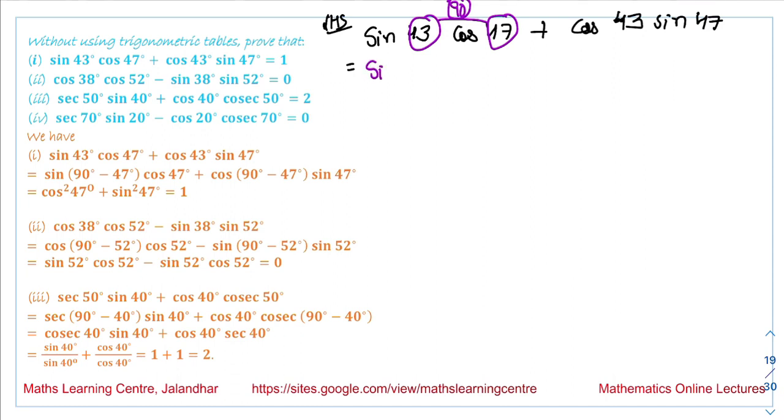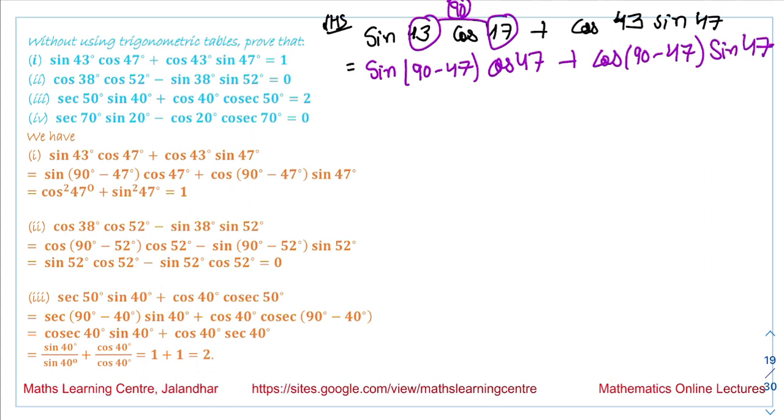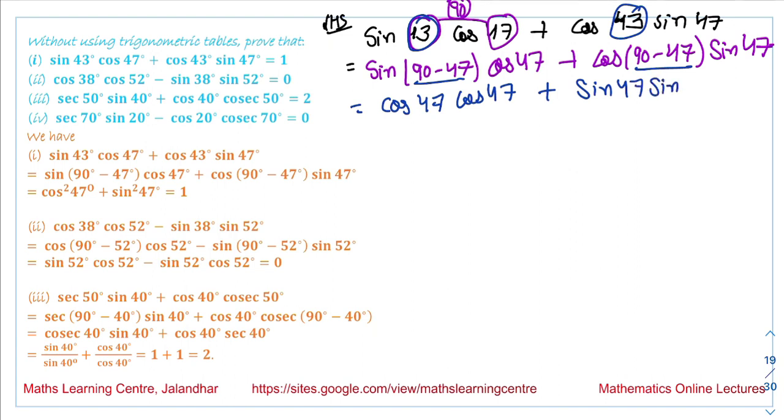So we can write sin of 90 minus 47 into cos 47 plus cos of 90 minus 47 into sin 47. In place of 43 we are writing 90 minus 47. So this becomes cos of 47 into cos 47 plus sin of 47 into sin 47.